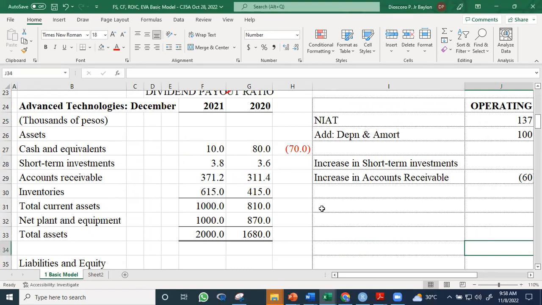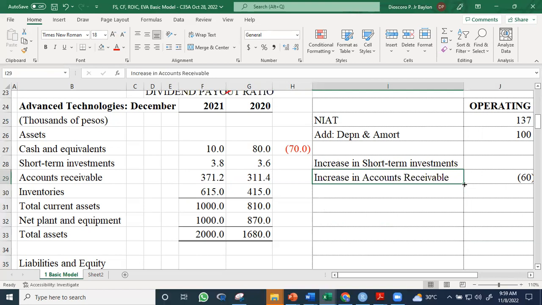Next, inventories. What happened to inventories, class? Inventories increased from 415 to 615. Inventories will be used later on to manufacture the goods, right? And the company will be able to increase cash and sales because of this.